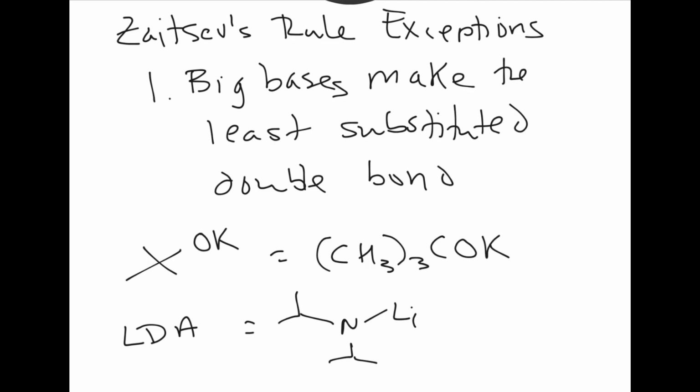These are both large bases, and they will make the least substituted double bond that they can. So they will flip on Zaitsev's rule and make the least substituted thing.